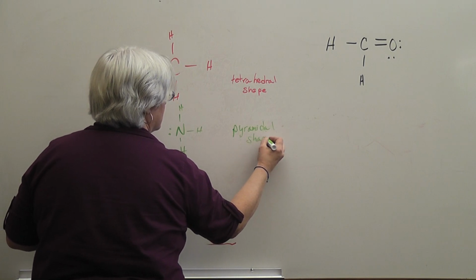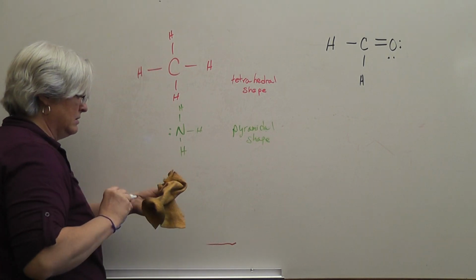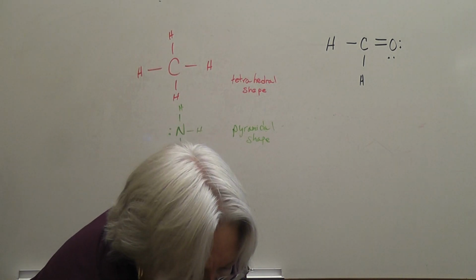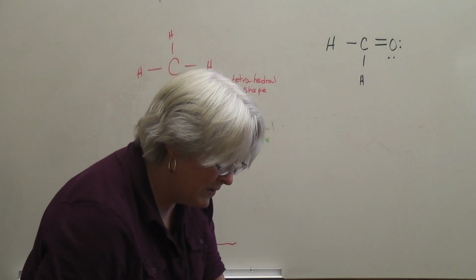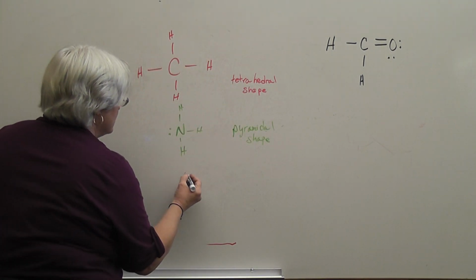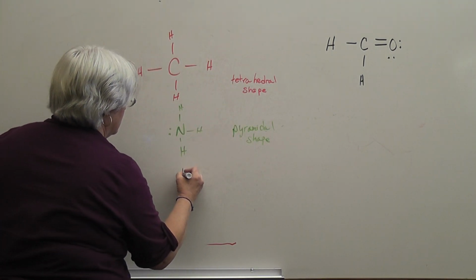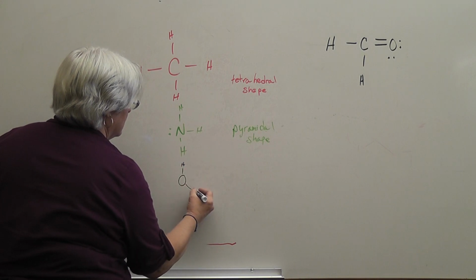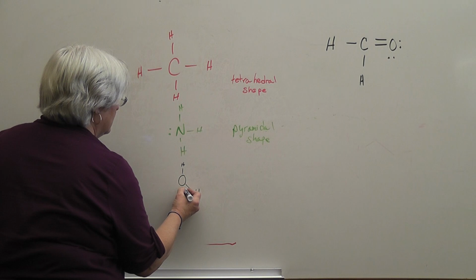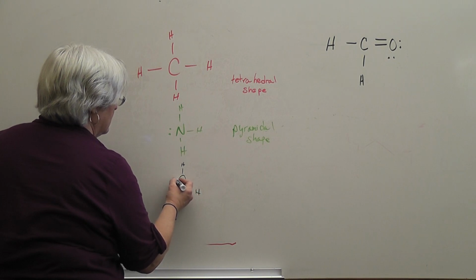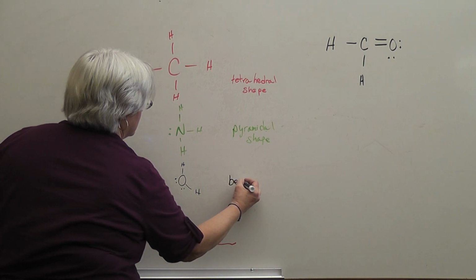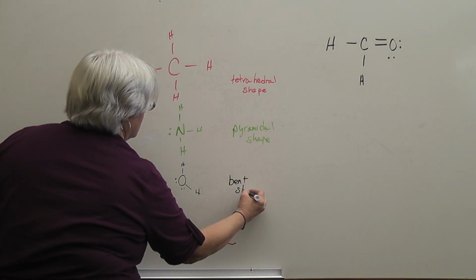And finally, you can have 4 pairs of electrons around a central atom, but only 2 of those pairs are actually bonds. This is what they call the bent shape.